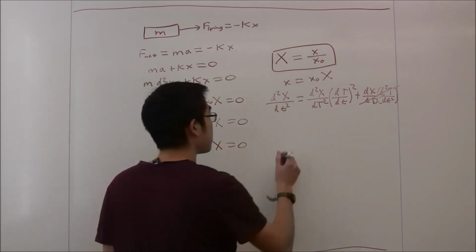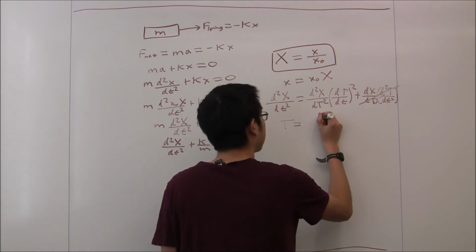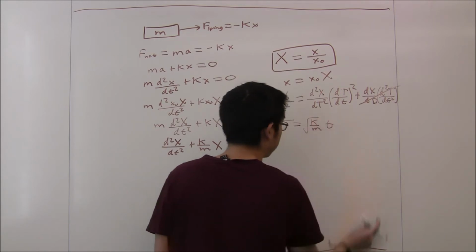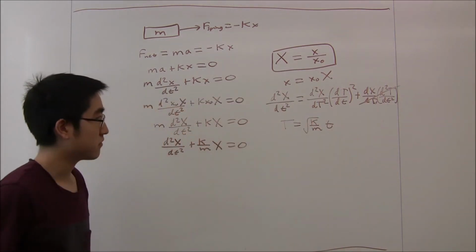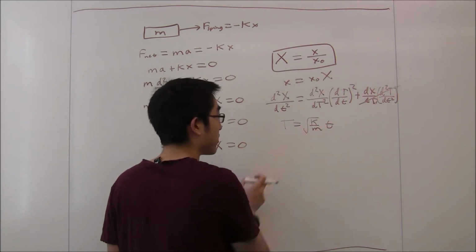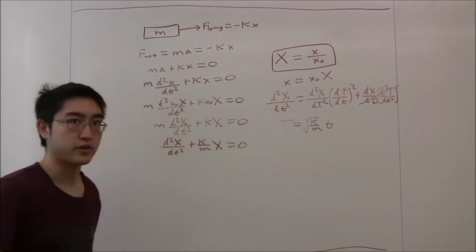So let us choose big T to equal the square root of k over m times t. Now this has dimensions 1 over time, and this has dimensions time, so big T is a dimensionless variable.